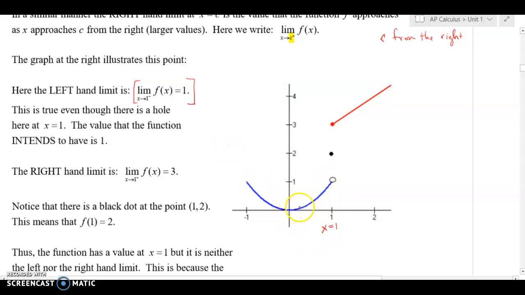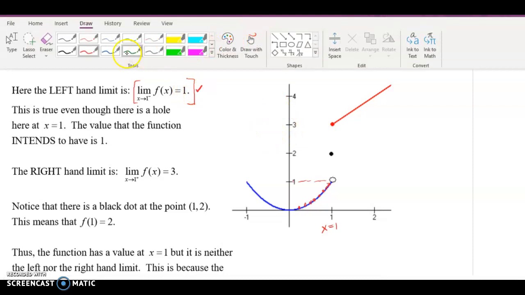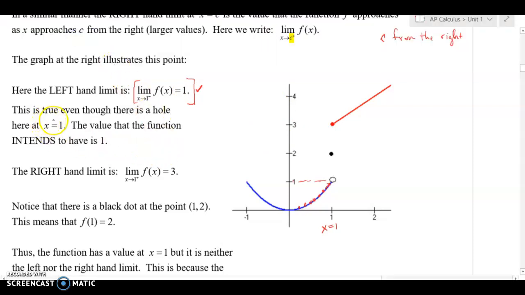So at x equals 0.2, 0.3, 0.4, 0.5, all the way up to x equals 0.9, it's getting closer and closer to what y value? It's getting closer and closer to the y value 1, and that's the number that we report. This is true even though there's a hole at 1. It's saying what is the value tending towards.